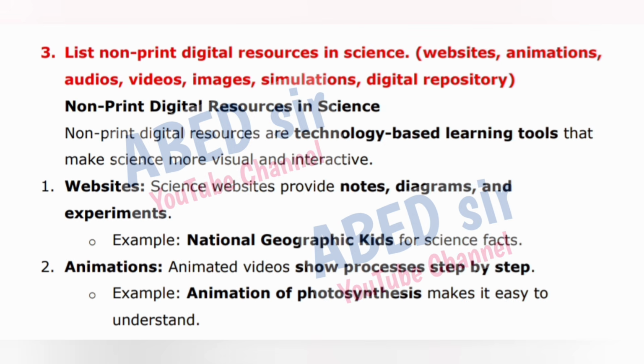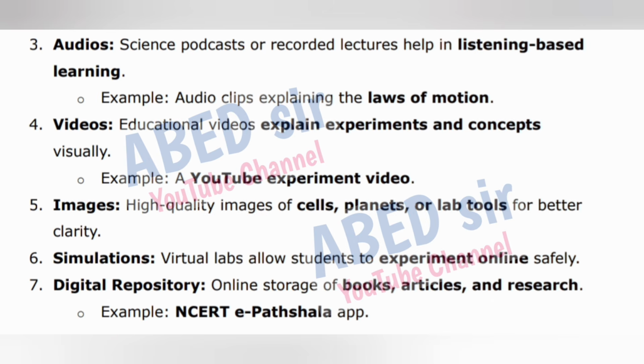2. Animations. Animated videos show processes step by step. Example: animation of photosynthesis makes it easy to understand. 3. Audios. Science podcasts or recorded lectures help in listening-based learning. Example: audio clips explaining the laws of motion. 4. Videos. Educational videos explain experiments and concepts visually.